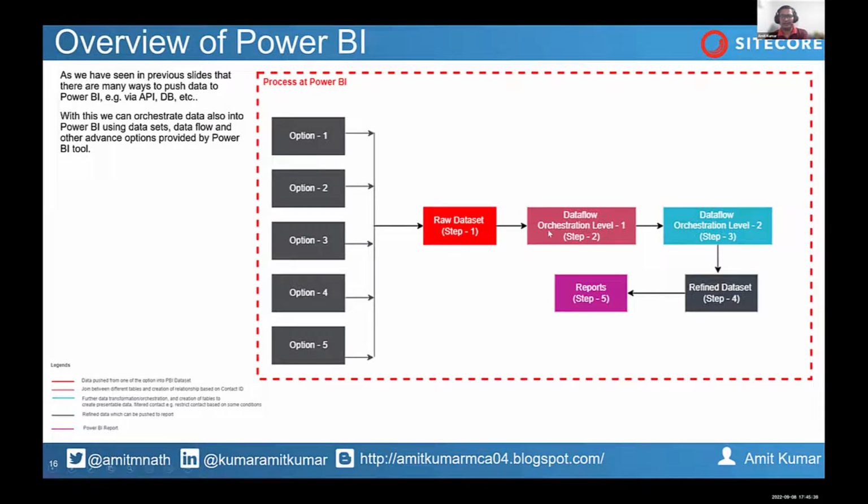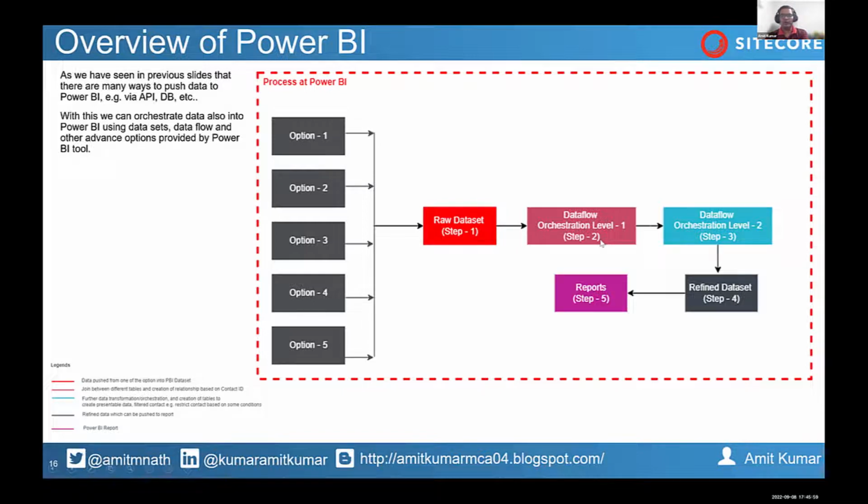And in the data flow orchestration level 1, suppose I am getting all the raw data from Sitecore. In the orchestration level, step 1, I will convert all my JSON data into rows.